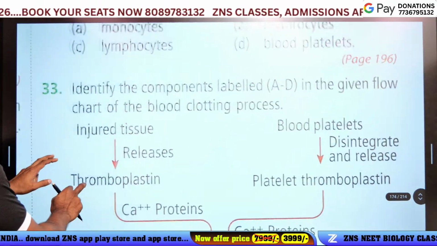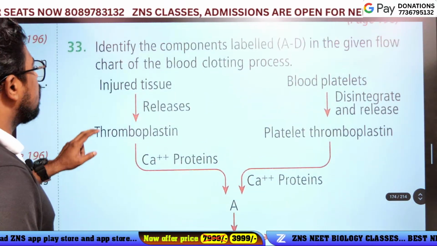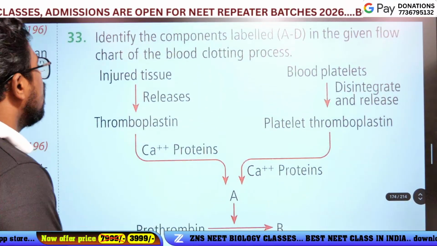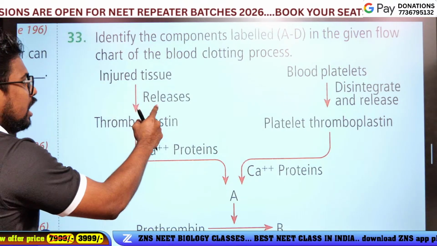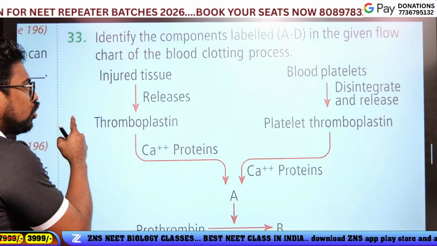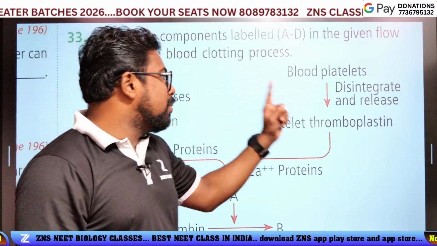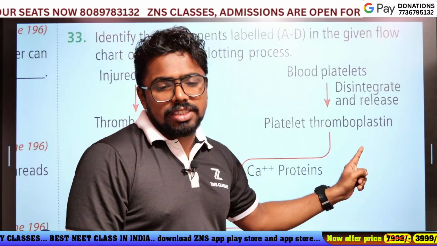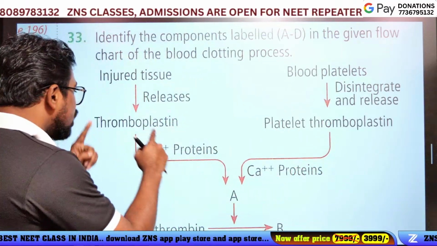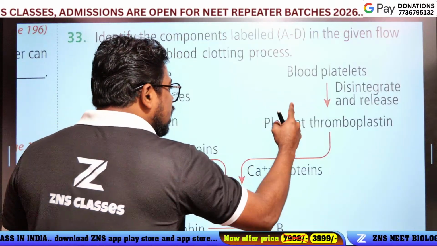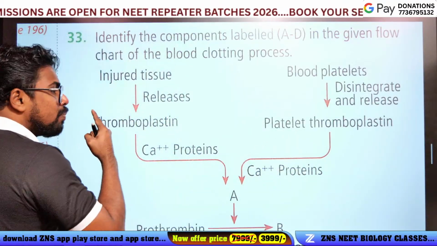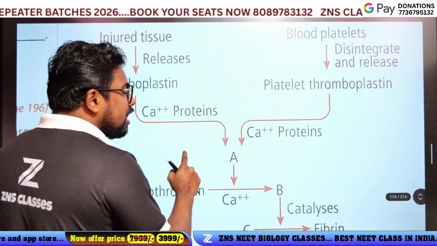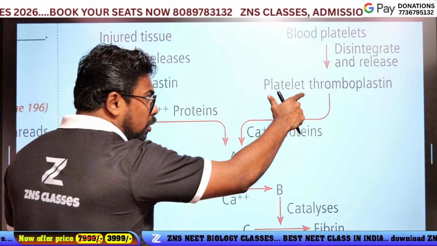The next question is about clotting reactions. Look here, guys. The injured tissue releases tissue thromboplastin, and the blood platelets release platelet thromboplastin. Two types of thromboplastin, tissue and platelet.